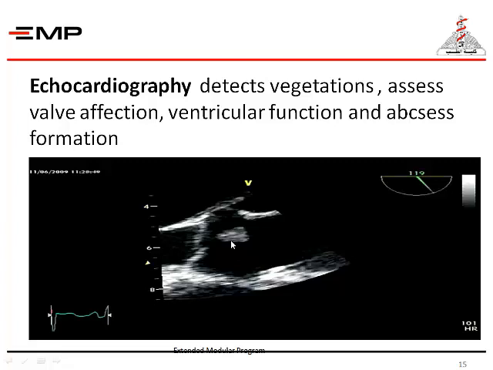Vegetations as small as 2 to 4 millimeters could be detected by transthoracic echocardiography, and we can detect even smaller vegetations by transesophageal echocardiography, which is particularly valuable in identification of abscess formation and in investigations of patients with prosthetic valves.